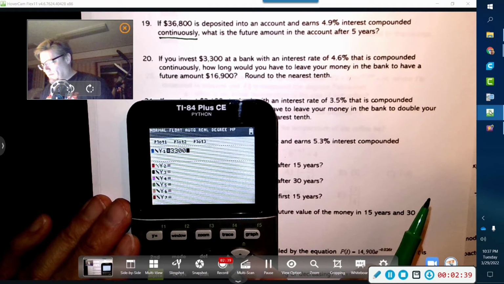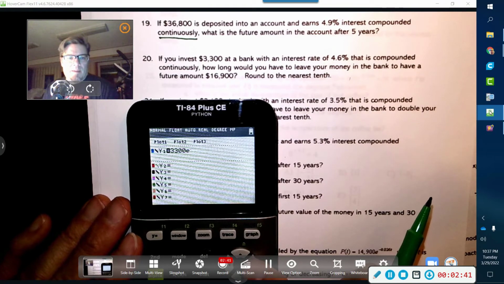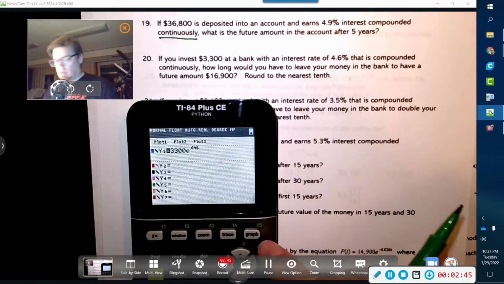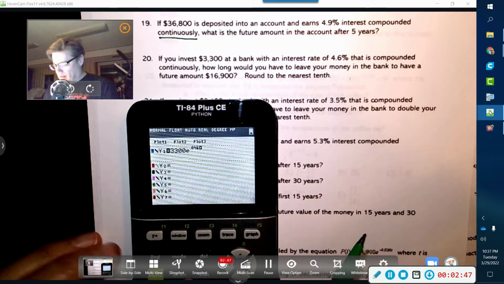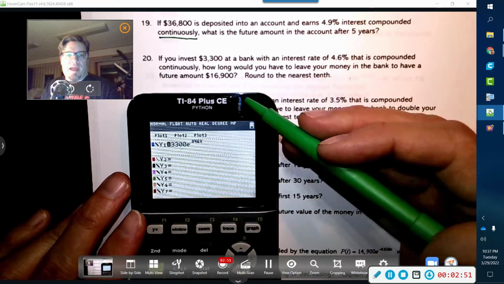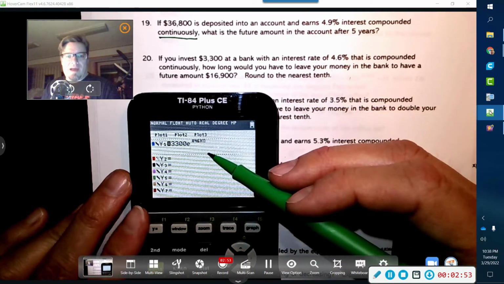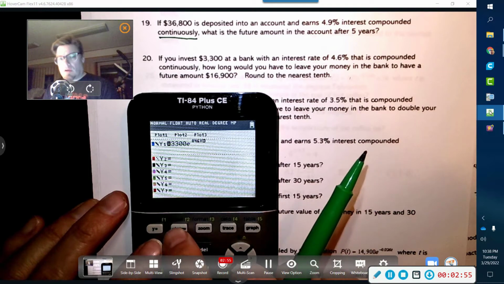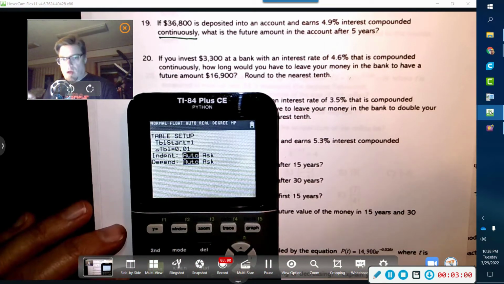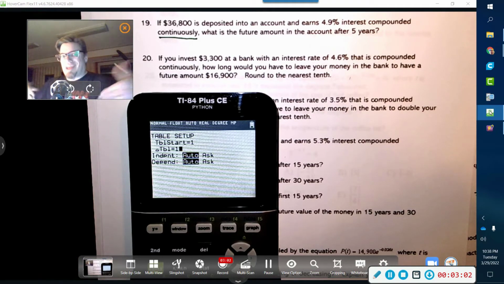So 0.046, okay, and we're going to put the x up there, because I don't know how long, I'm going to have it calculated for me. So now I'm going to go to my table, but I'm going to go to table set. I'm going to actually start at 1, and I'm going to go up by 1. And then if I need to change that, I'll do so.